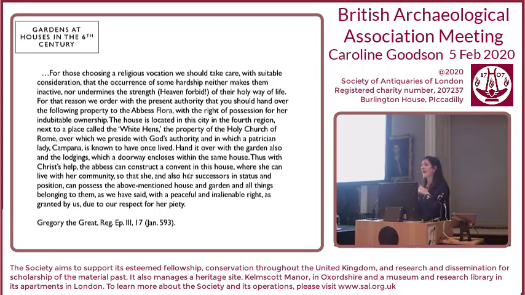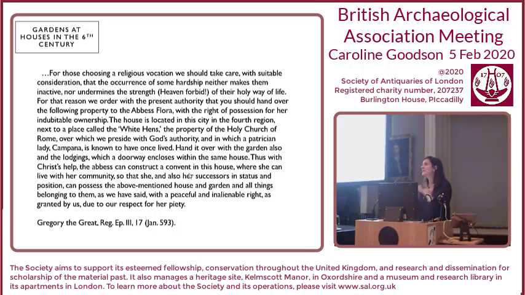So there's a lot of things going on here, but one of the things that's really clear is that the patrician house owned by the woman Campana is a house plus a garden, plus lodgings, whatever that might be. And Gregory has been left this house by the patrician woman, perhaps as a donation to the Roman Church, and he's redistributing it and allocating it to a community of religious women.